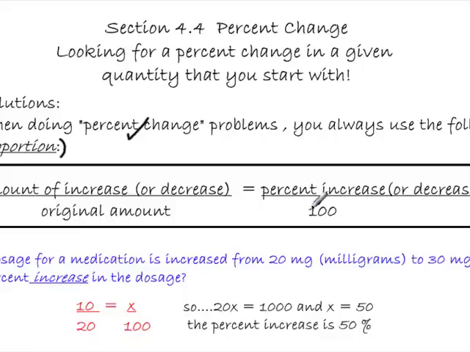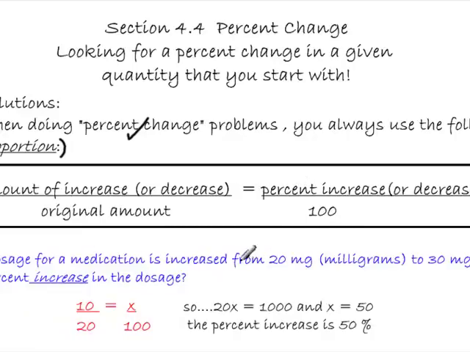We started with 100%, which corresponds to the original amount, and the amount of the increase then will correspond to the percentage of the increase, which goes on the top of this fraction on the right-hand side.